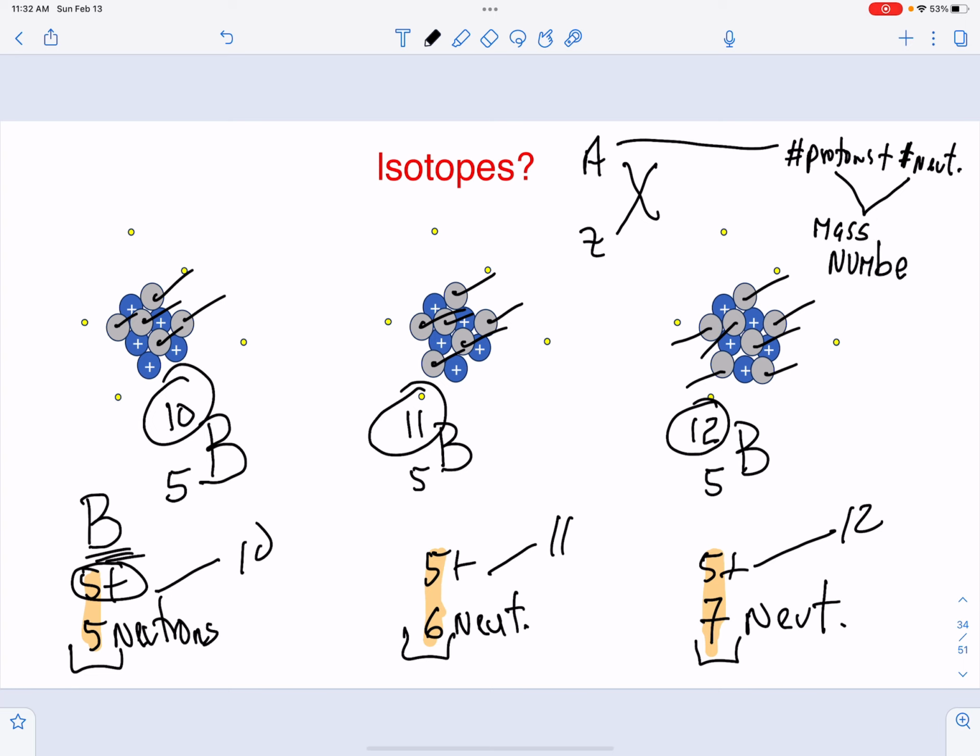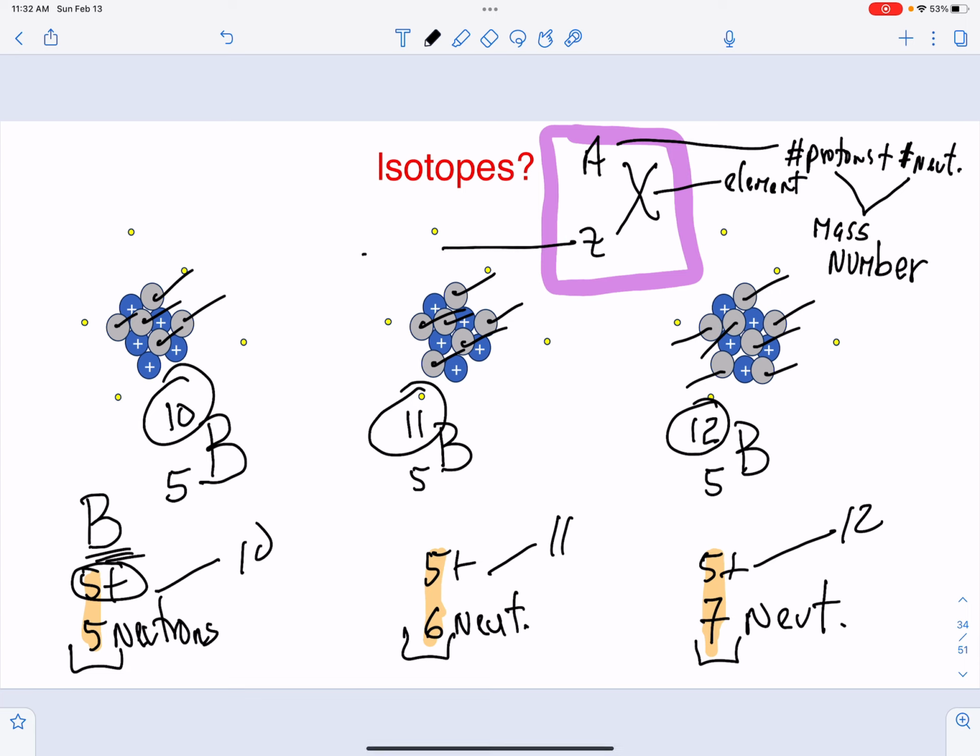So for you to be able to know the mass number, you need to know the number of protons, and you need to be given the number of neutrons. So this is how we create an isotopic symbol. So what is an isotopic symbol? That's an isotopic symbol, where you have the element, the atomic number, which is the same as the number of protons, right? And the mass number, which is the same as the number of protons plus the number of neutrons.